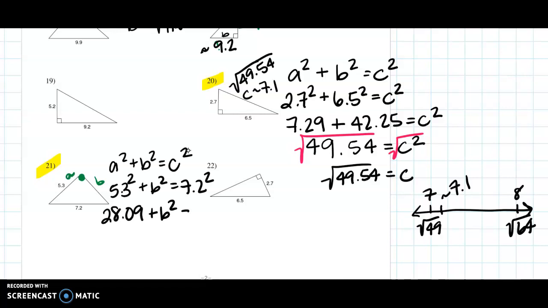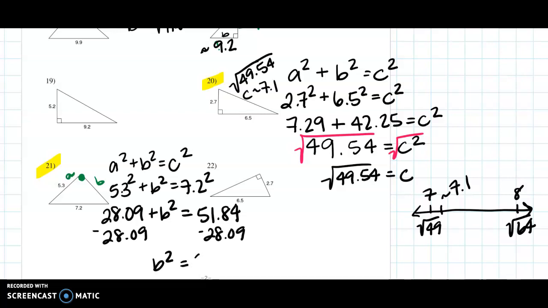Plus B squared is equal to 7.2 times 7.2, which is 51.84. We subtract 28.09 from both sides to get B squared.